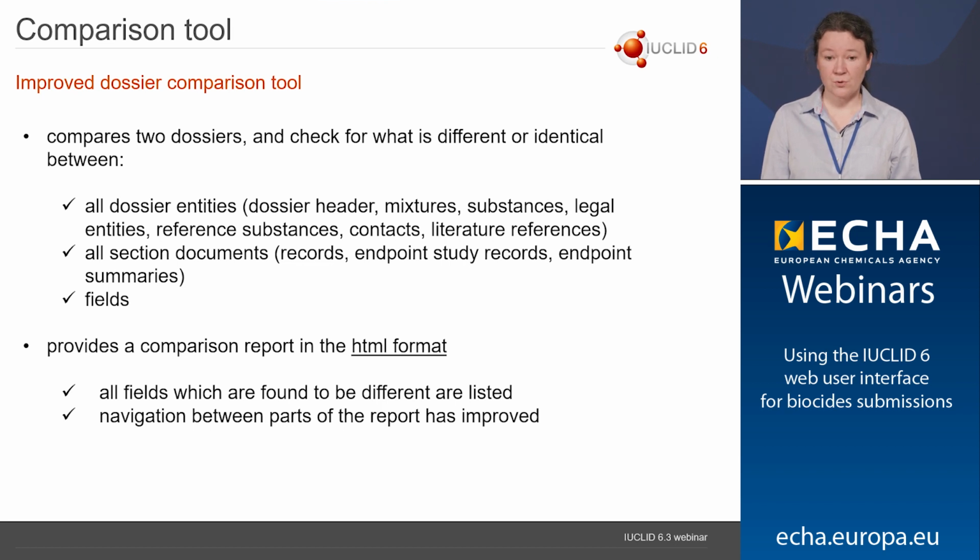And the comparison tool provides you a comparison report in the HTML format. And in this report, you can see all fields which are found to be different, and you can also navigate easily between different parts of the report.